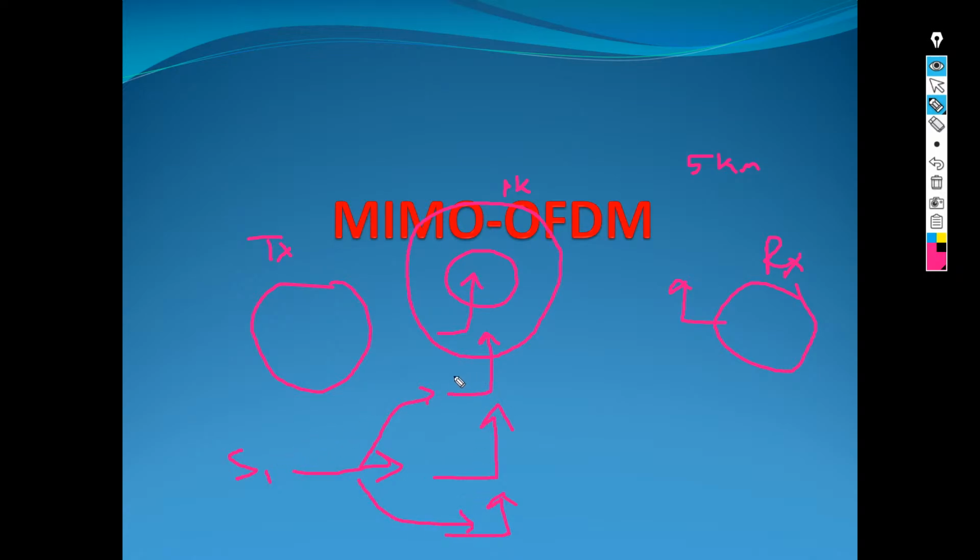The symbol is the same, but you multiply it with a certain phase, e^(jθ1), e^(jθ2), e^(jθ3). These θ1, θ2, θ3 are angles, phases, and you adjust their values in such a way that the beam is focused in the direction of the receiver.